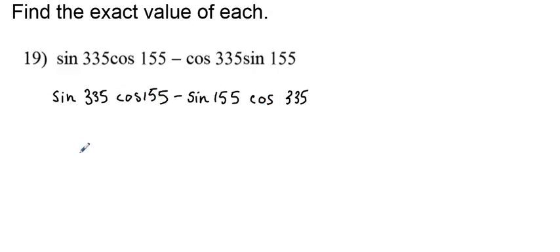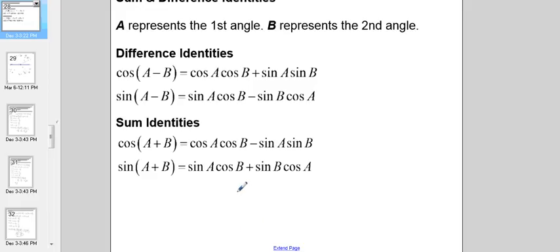So what we have to do is work backwards to figure out what it starts out as. The first thing we want to do is figure out if this expression comes from sine or comes from cosine. So we are going to go back and take a look at the identities.